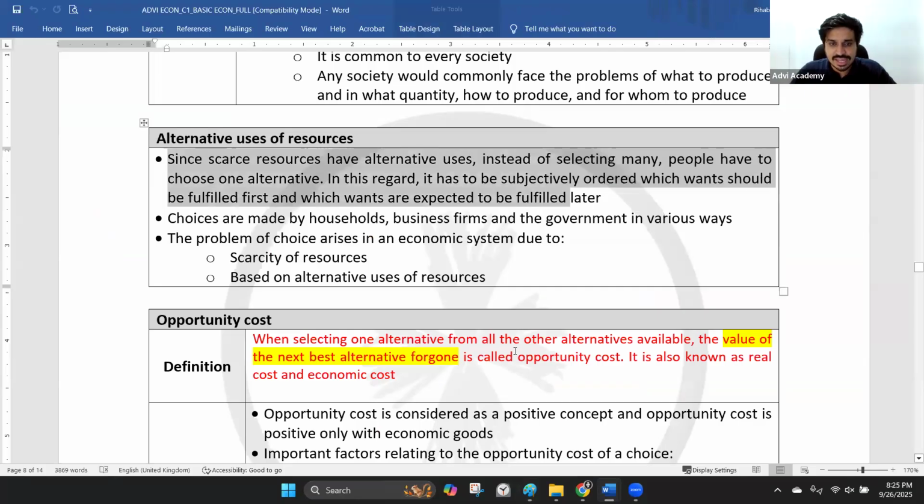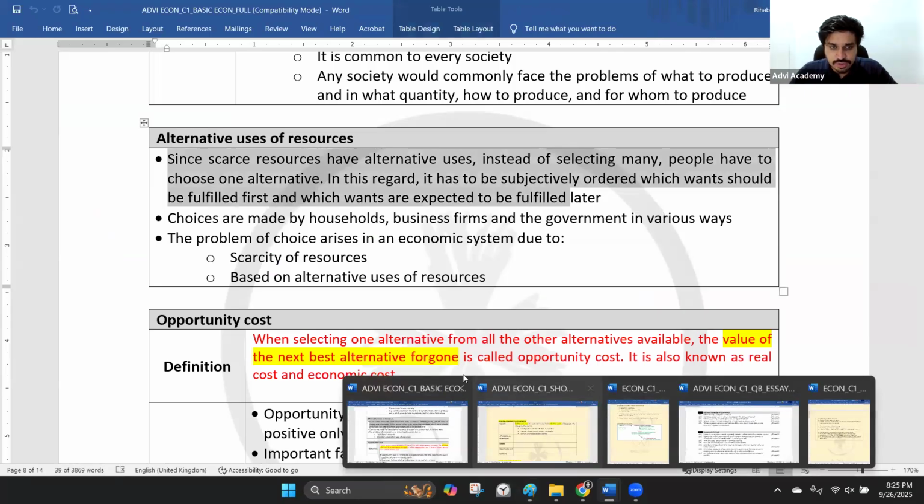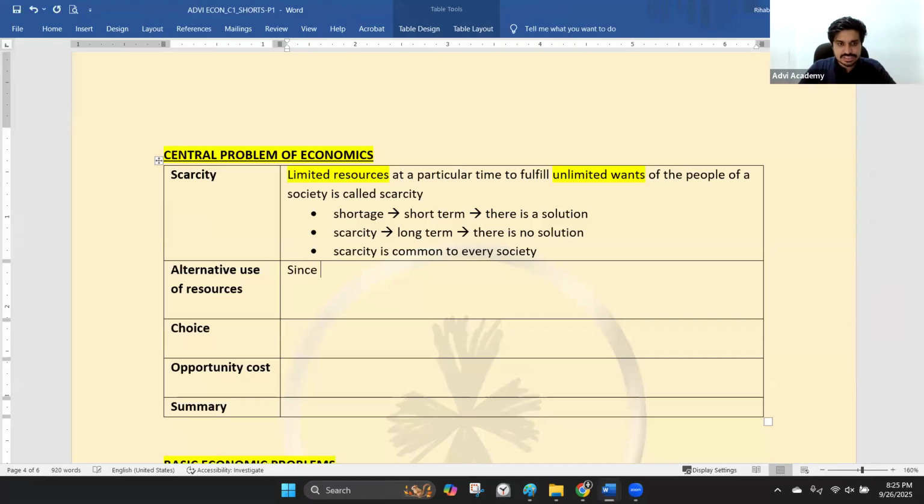Since the resource is scarce, I'll put in the short note: since resources are limited or scarce, basically, the word is scarce. What happens? There will be a wide variety of users, alternative users, basically, for the same resource, right?